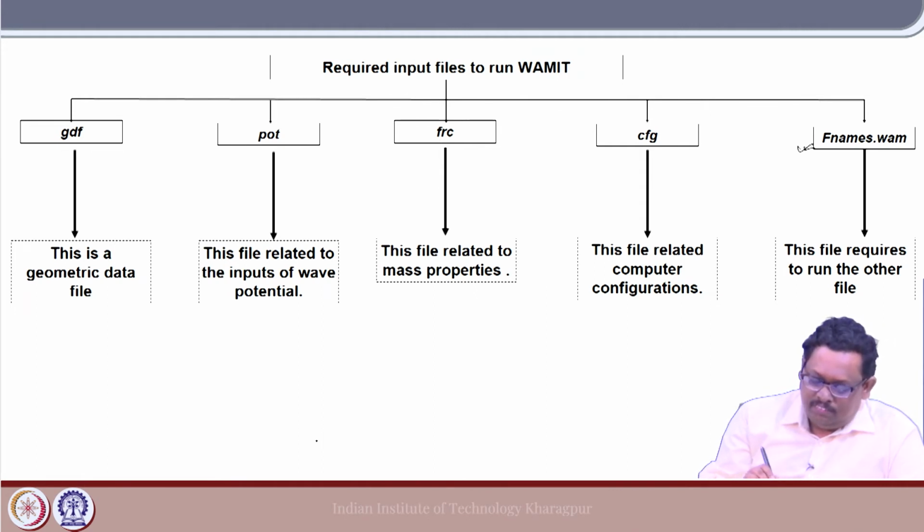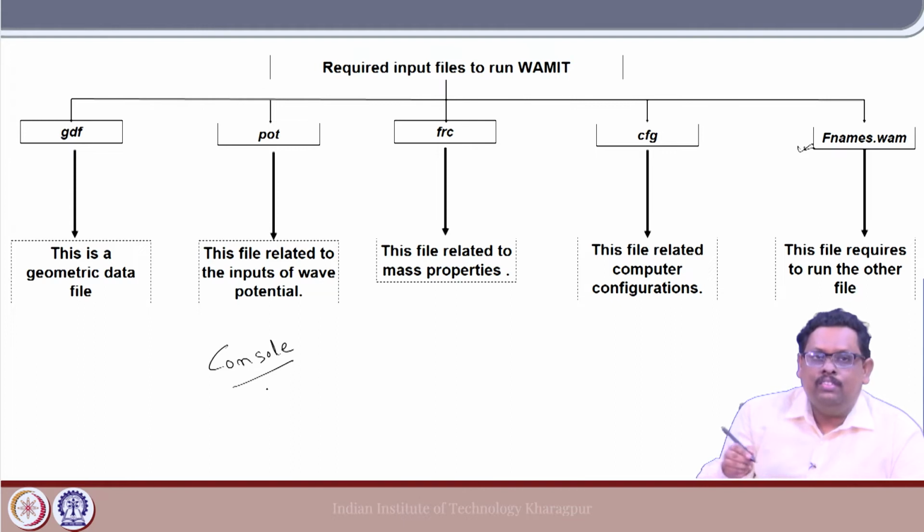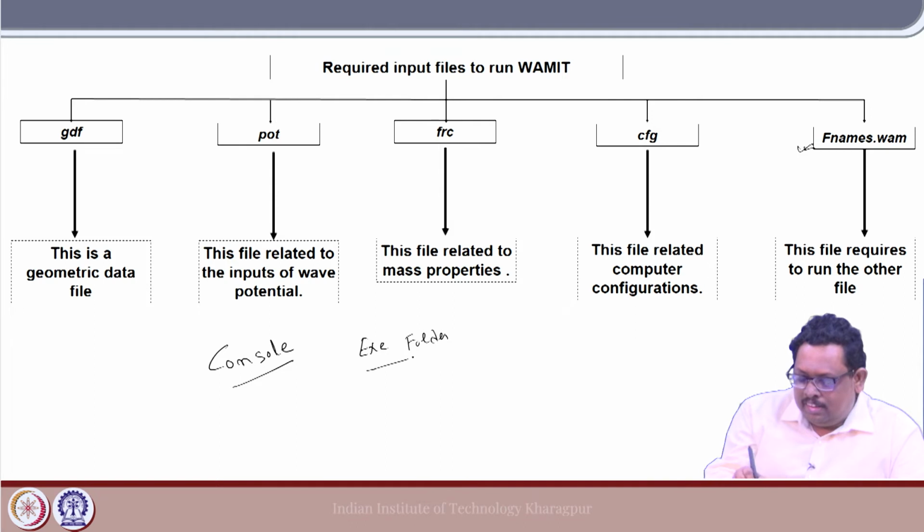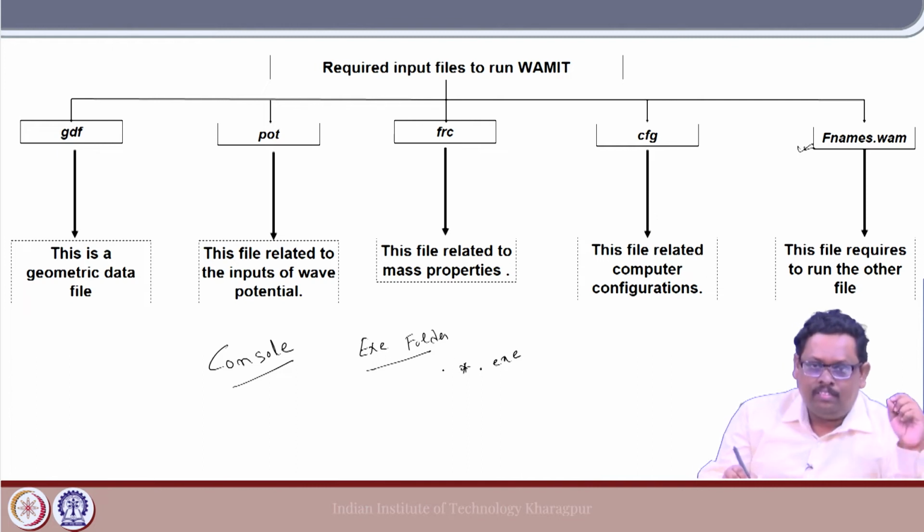Now, if you are doing a little bit of coding using Fortran, or if you have experience coding in C# and you are doing a console application, then you have some exe folder, right. In this exe folder you have the compilation file, and it is basically named something like start.exe.